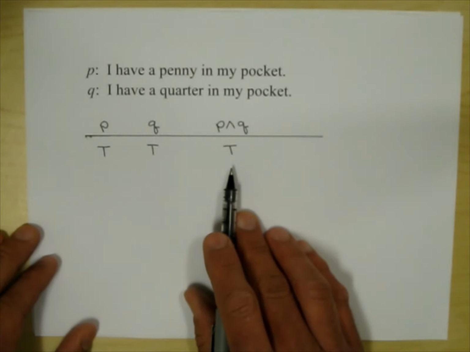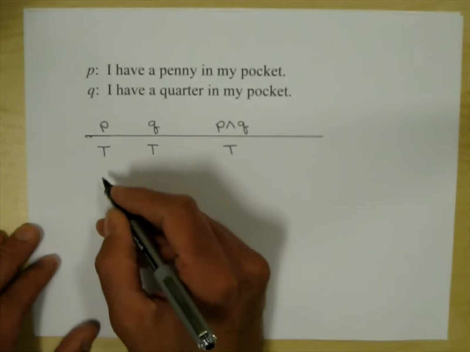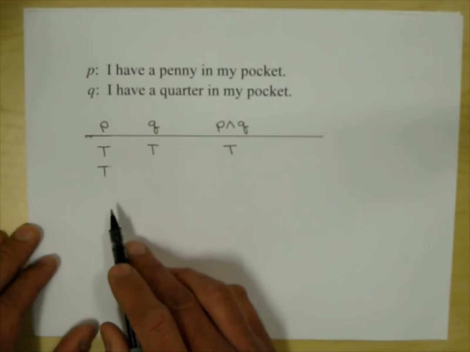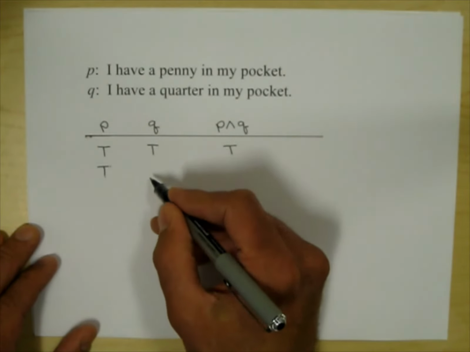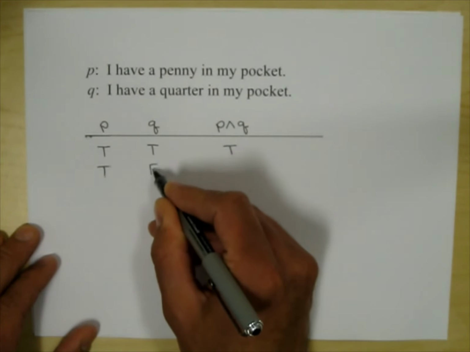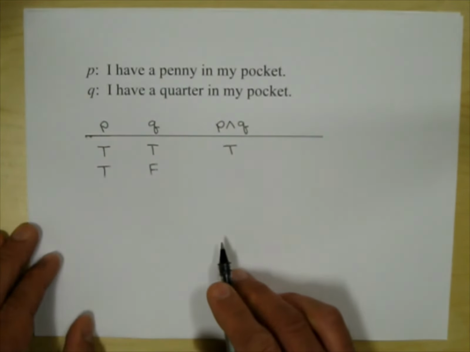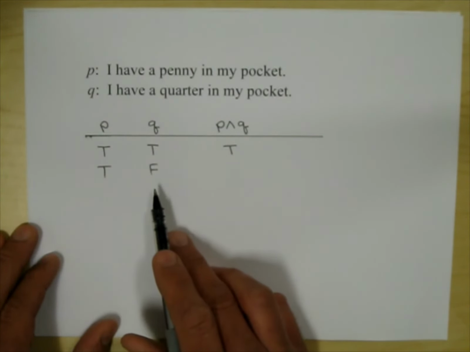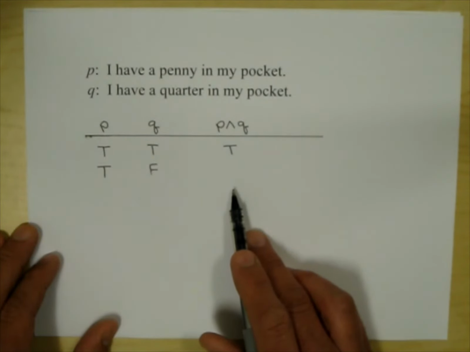Let's go ahead and do some more. It could be the case that I do have a penny in my pocket. That is a true statement. And I have a quarter in my pocket is false. Okay, so there's a penny in my pocket. And there is not a quarter in my pocket, okay? And then I come up to you and I tell you, I have a penny and a quarter in my pocket.